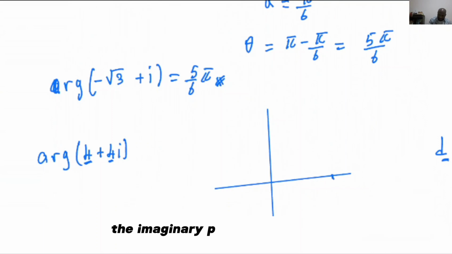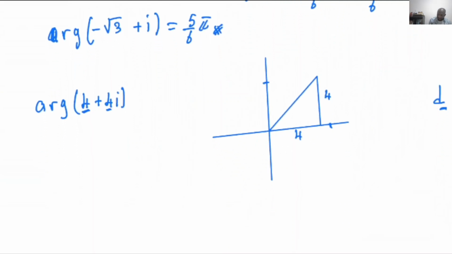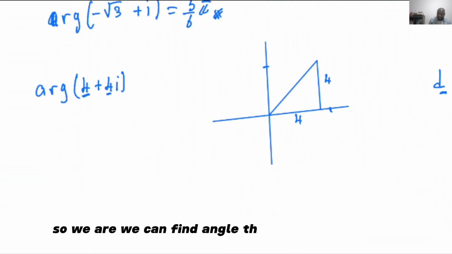The imaginary part is 4i, this is on our positive y-axis. So this must be in the first quadrant. So the angle must be acute. So this is 4 and this is 4. So we can find the angle theta directly. So this is the angle theta right here.